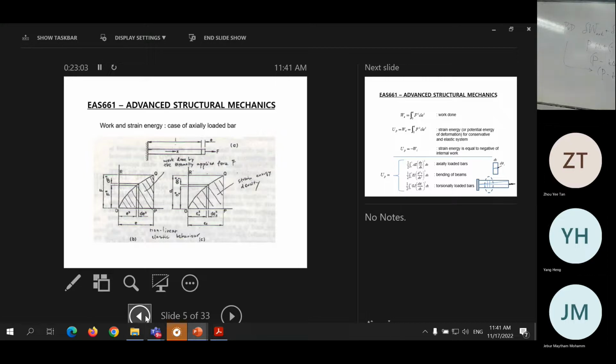So remember, area under force versus elongation is equivalent to work done by the force, and the corresponding area under axial stress with axial strain is the strain energy density.